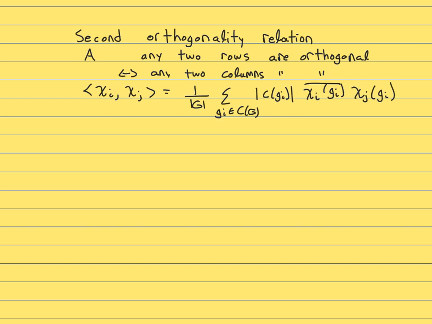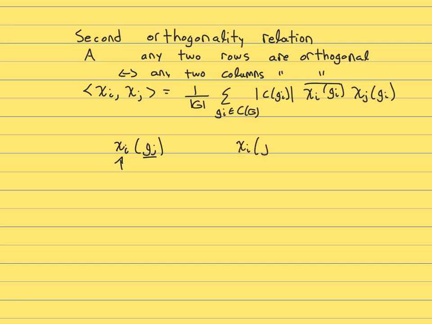And what do the columns correspond to? Well, the columns were chi_i(g_j) for a fixed group element and the characters varying. And so what happens when you take the inner product of two columns?